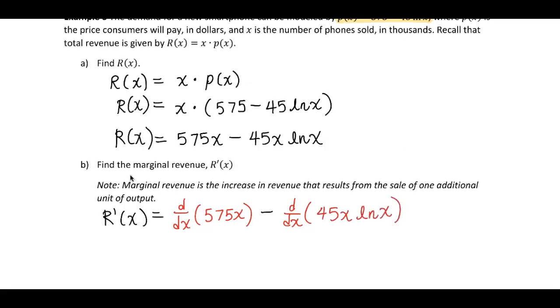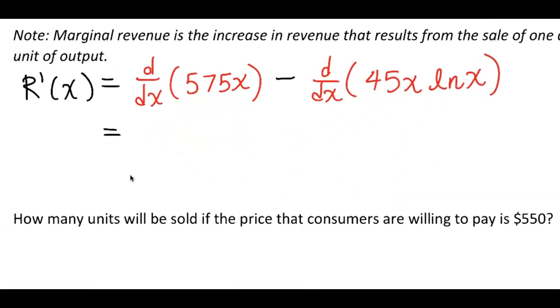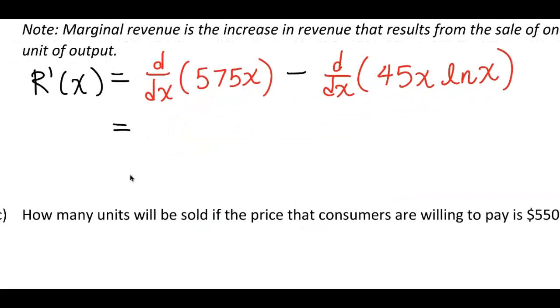All right, let's do one thing at a time. So first term, what is the derivative of 575x? Well, that is going to be just 575. That's super easy.